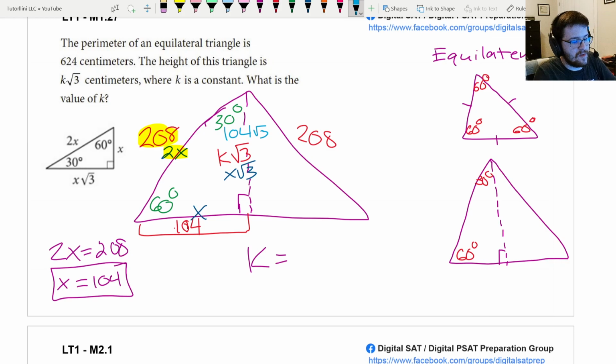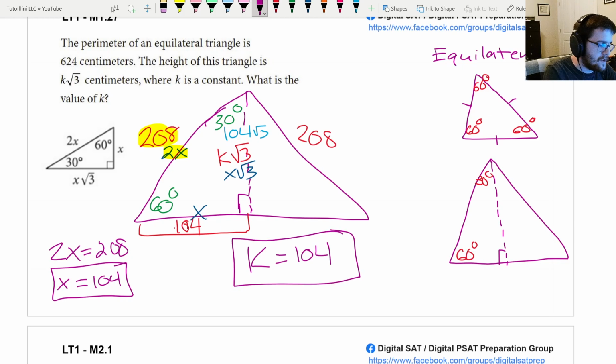So you just hold up the pieces, figure out what x is, and then plug it in, and you get all the sides. That's how you work a special right triangle. So k is 104 because the thing in front of root 3 is 104. That is it. Great. Okay, let's keep going.